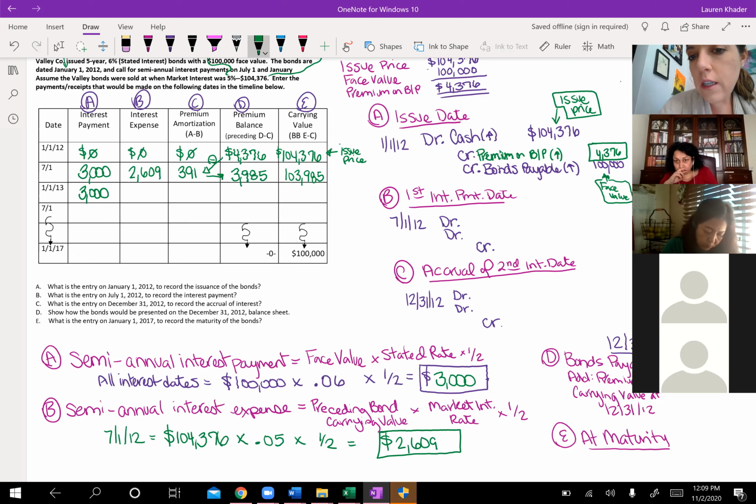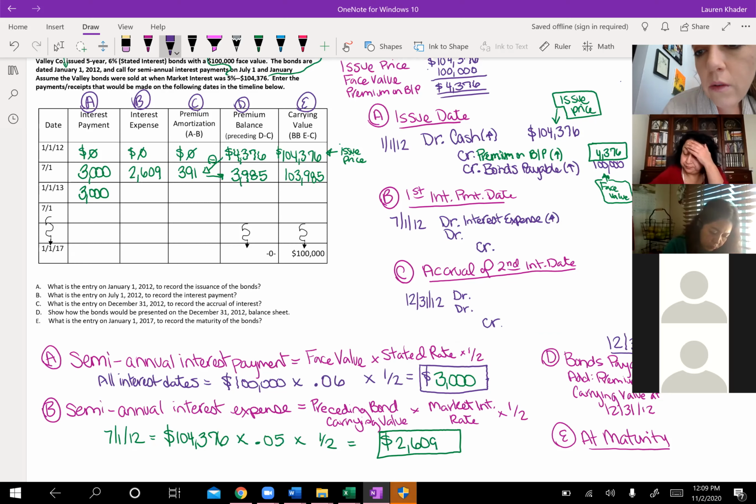On that first interest payment date, we're going to debit interest expense, increasing that expense for the amount that we've incurred, 2,609.